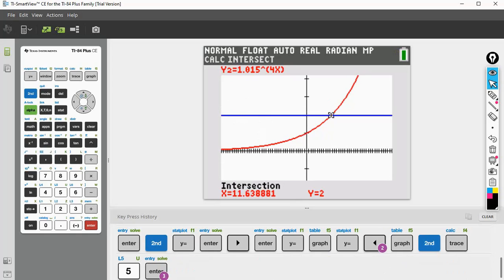Time would be 11.638881. So that's almost 12 years, so 11.63 years. And we can round it to 11.64 years, so that's the time it would take.